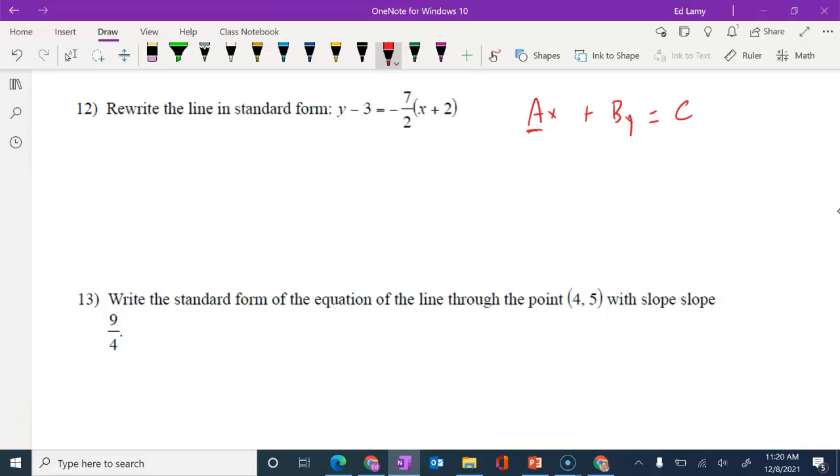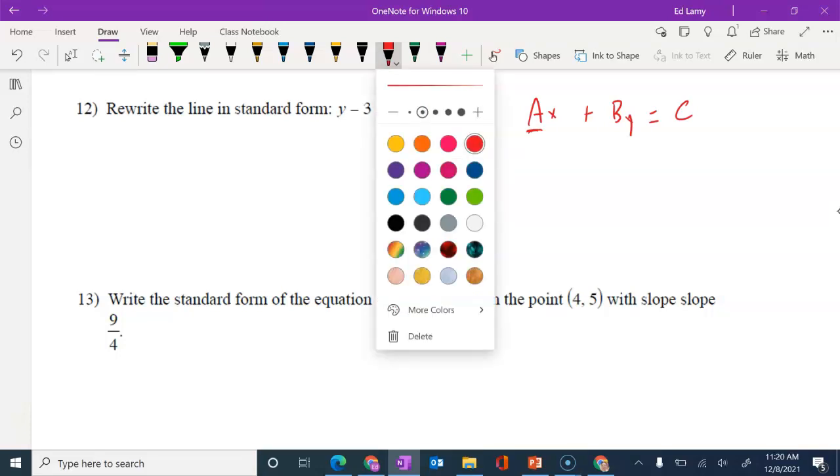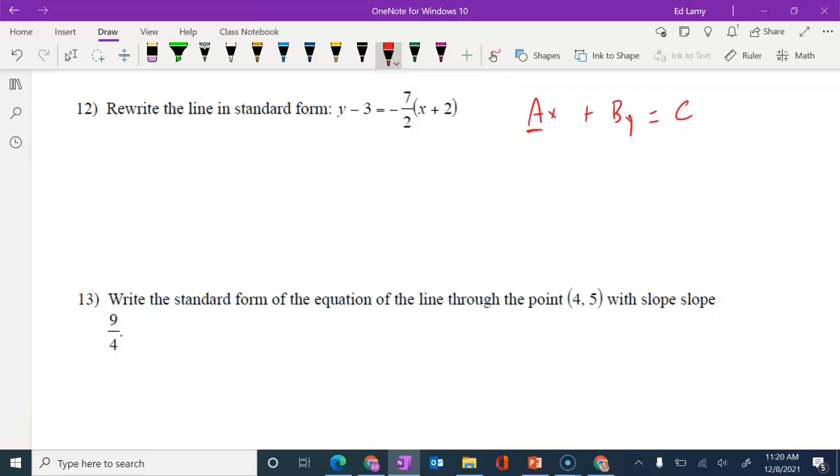The form that this one is given in is point slope form, so we want to get rid of fractions. We want all integers, so we would multiply both sides by 2, but at the same time we're going to want to distribute the 7. I'll circle the -7 to the right, and the 2 gets distributed to the left. That's what we called in class the hurricane technique.